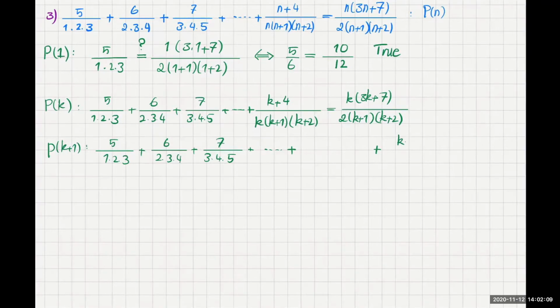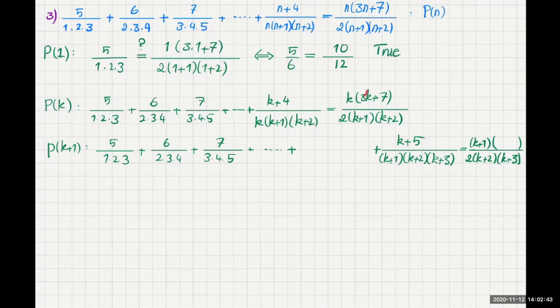It is very easy to see that the numerator becomes k plus 5, and the denominator becomes what? k plus 1. The next one becomes k plus 2. The next one becomes k plus 3. And on the right hand side, you shouldn't make mistakes. So this becomes 2, the denominator becomes k plus 2, and then k plus 3. The numerator becomes k plus 1, but what happens for the next one?